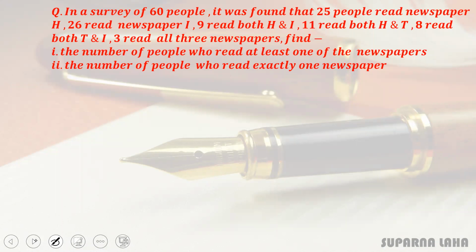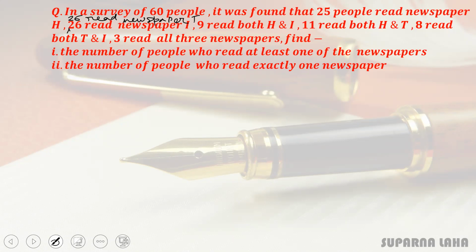In a survey of 60 people, it was found that 25 people read newspaper H, 26 read newspaper I, and again 26 read newspaper T also, and then 9 read both H and I, 11 read both H and T, and 8 read both T and I, and 3 read all these 3 papers.